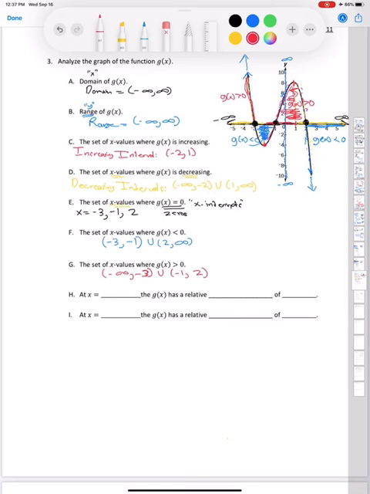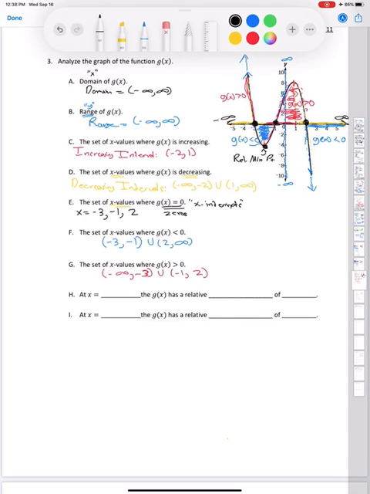All right, moving on, it asks us now to find what we call our relative extrema. So our relative extrema are relative min or max points. Those are our turning points in our graph. So I want you to look back at this point right here. This is a relative min point.